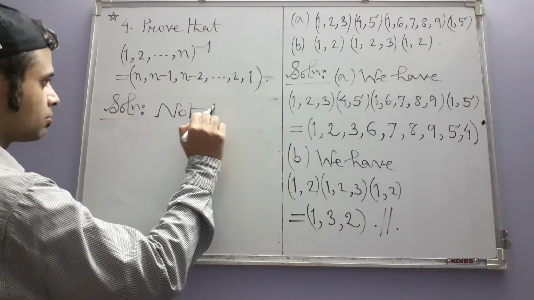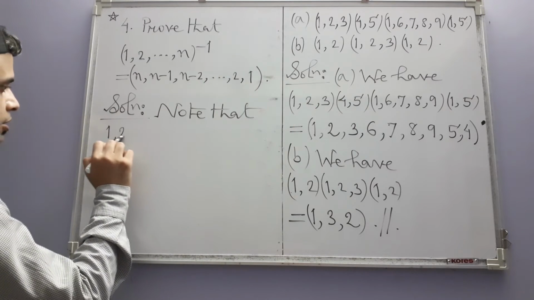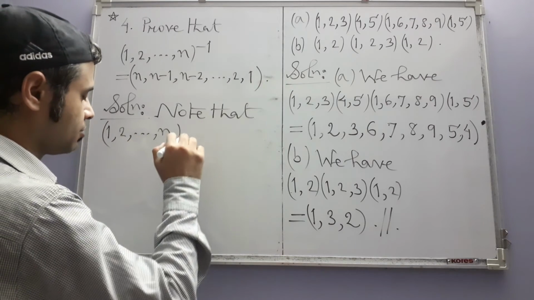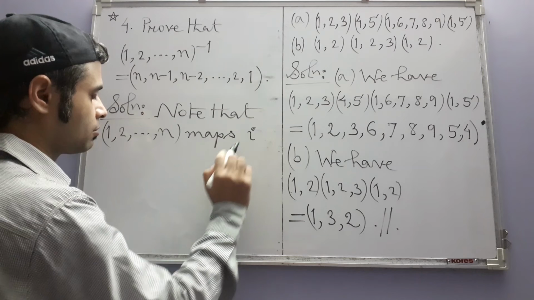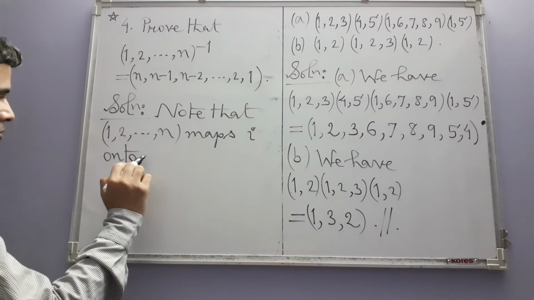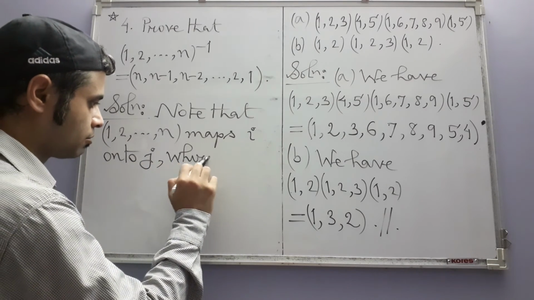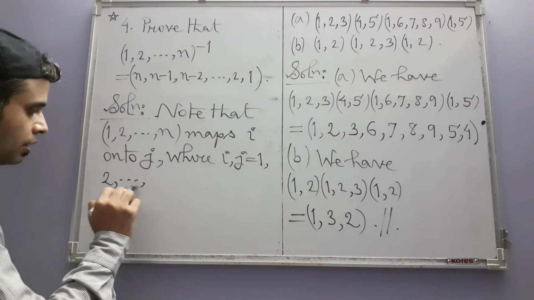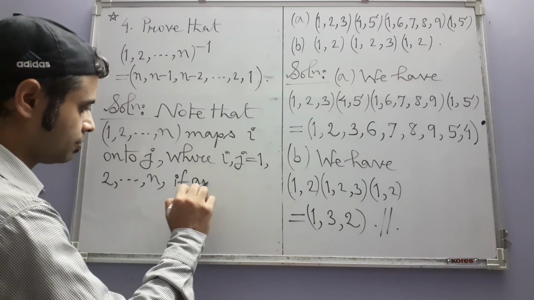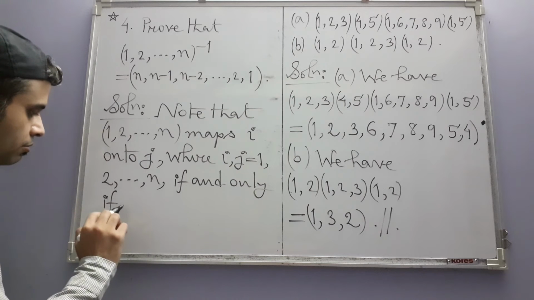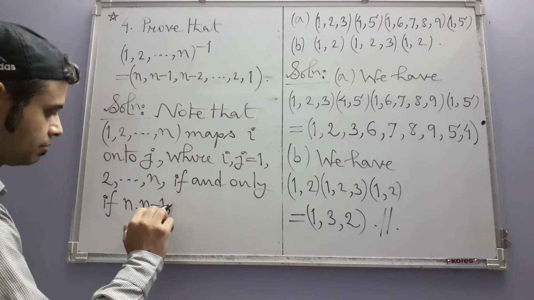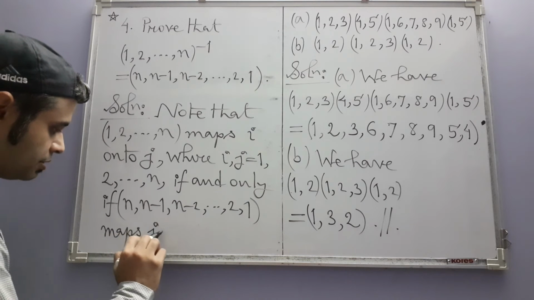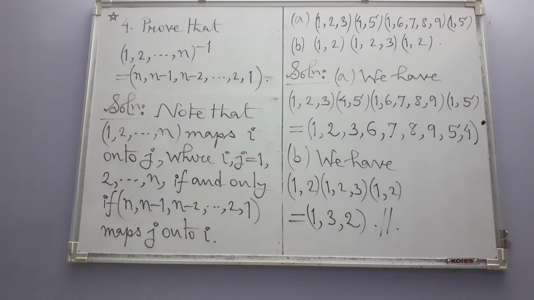Note that our original n cycle maps I onto J, where I and J of course are among these symbols, if and only if this other n cycle maps J onto I, which you can just simply observe.